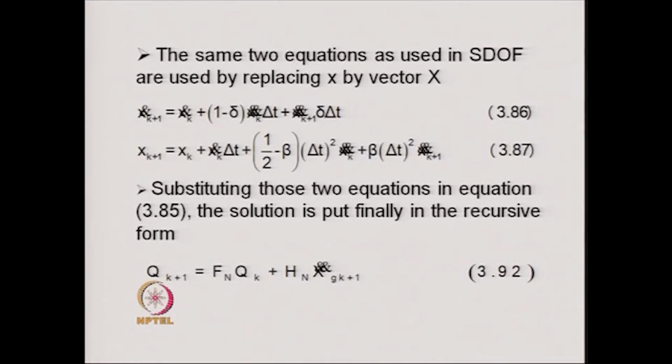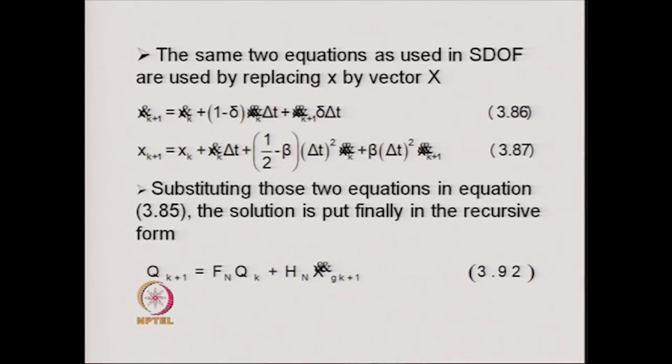Two cardinal equations that we use for Newmark's beta method are given in equations 3.86 and 3.87. The equations are written using linear variation of acceleration within the time interval delta t. Note that the variables of the equations are vectors.